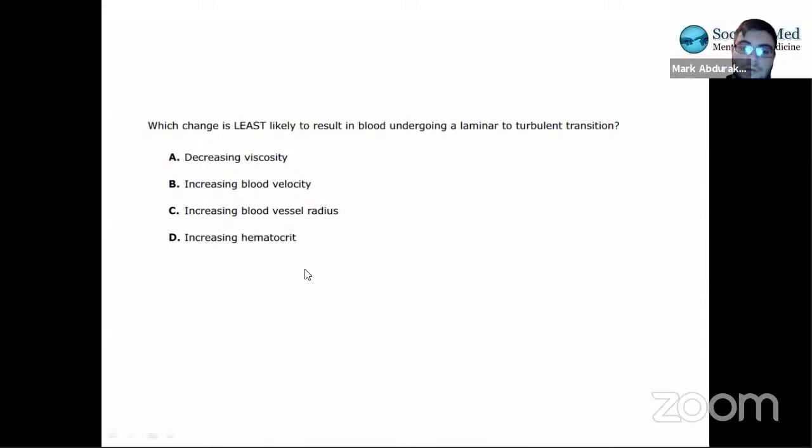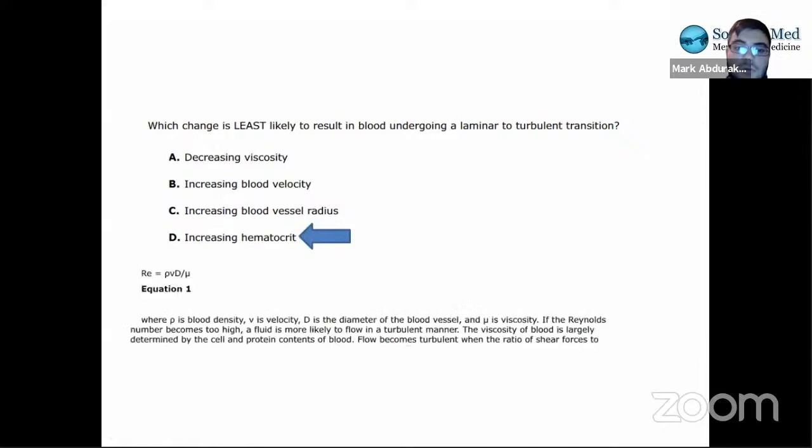All right, so the correct answer is actually D, increasing hematocrit. This really didn't involve that much thinking. It was based solely on the passage, because they gave you the equation for Reynolds number, RE, which involves density, viscosity, velocity, and diameter, which is basically the same thing as radius.